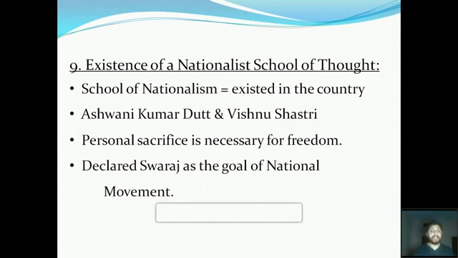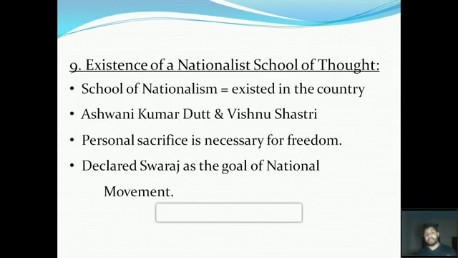Then again, these early assertive nationalist leaders, especially the nationalist school of thought, declared Swaraj as the goal of the national movement. It's not something like an imperial government which functions under the British, or a government which functions in a colony.